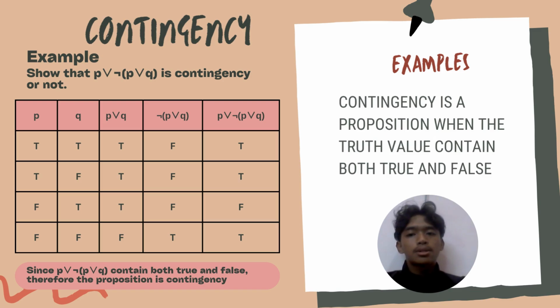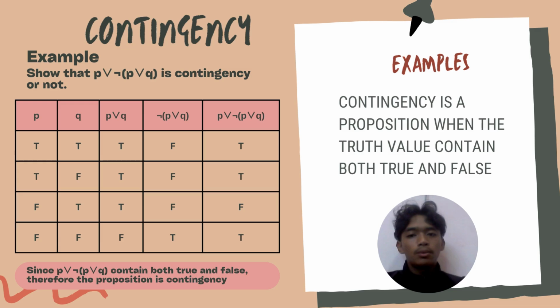The second row is true plus false, equal to 1 plus 0, and we still get true. The same goes for the third row, false plus true equals true, and the final row is false plus false equals false. Next is to find the negation of P disjunction Q.